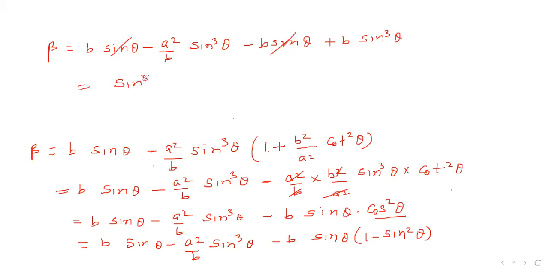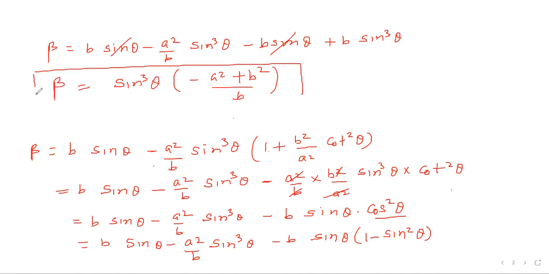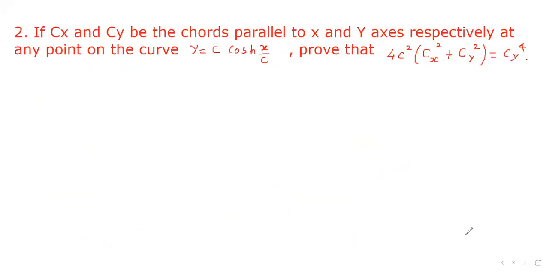So sine cube theta outside, then we will be left with minus a square plus b square divided by b. So this is the value of beta. Hence, we have found the values of alpha and beta, and they represent the coordinates of the center of curvature. They also represent the evolute. Now, let's go to the next question.